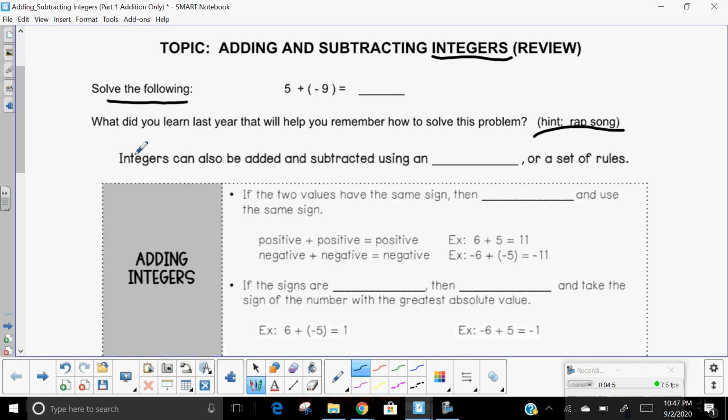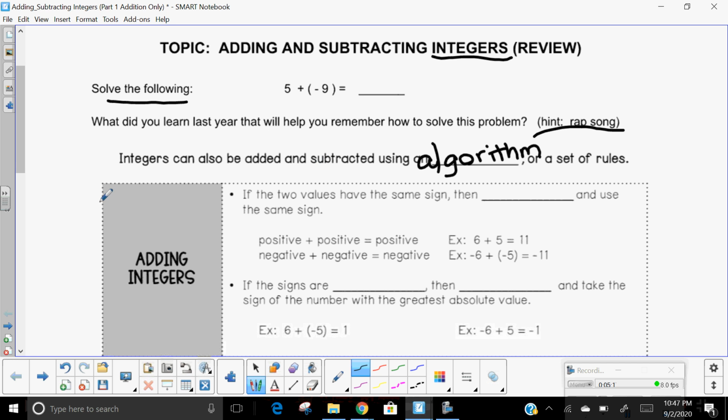So integers can also be added and subtracted using an algorithm, which is just a fancy word for a set of rules.